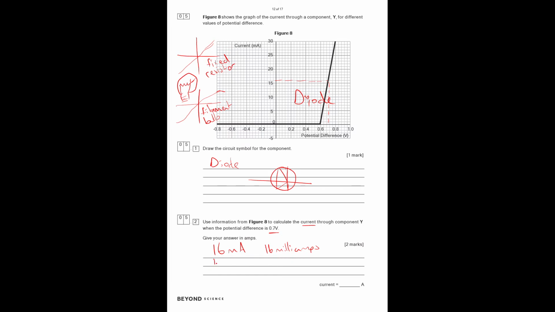So 16 divided by 1,000 equals... No, it is going to be 0.016. Apologies. Yeah, that's correct. 0.016 amps.